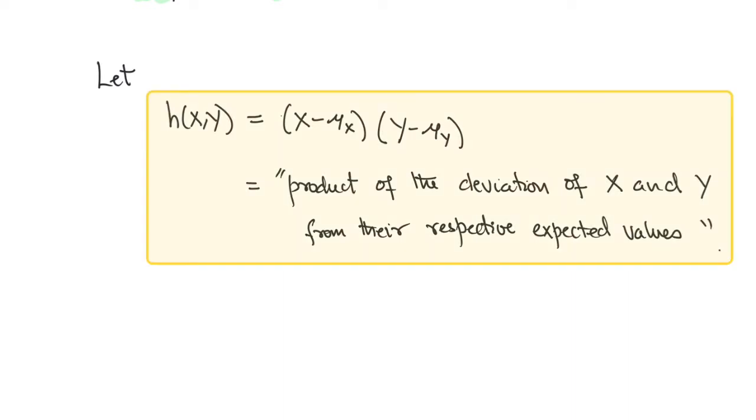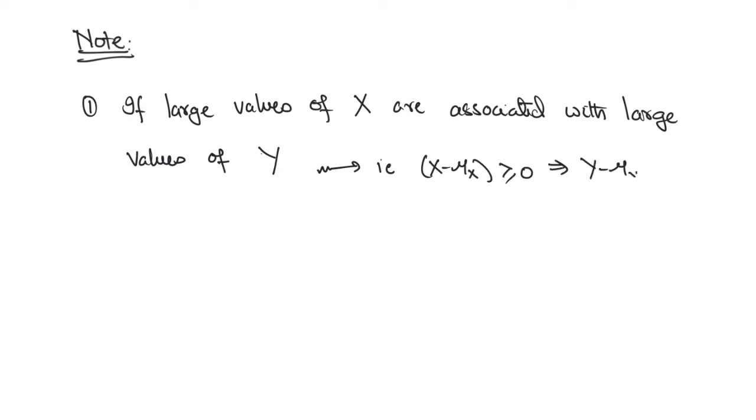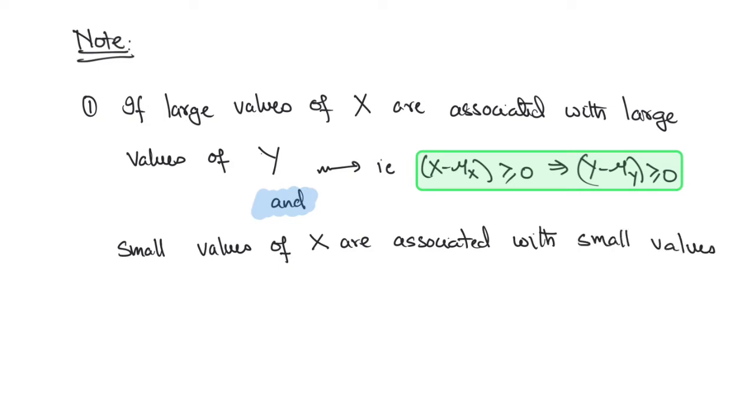The function h satisfies some interesting properties. Note that if we have large values of x associated with large values of y, that is, whenever x minus mu x is positive, we have y minus mu y to also be positive. And if small values of x are associated with small values of y, which means that x minus mu x less than 0 implies y minus mu y less than 0.